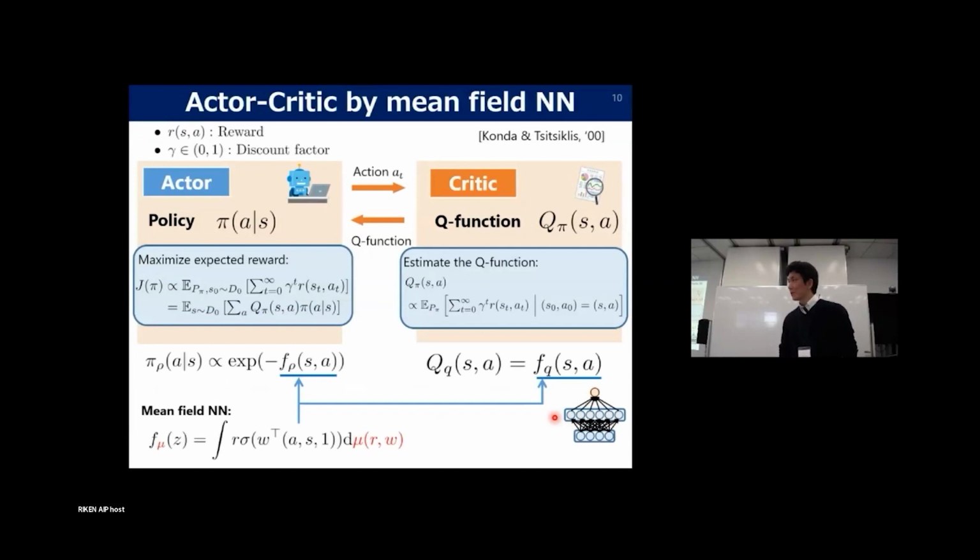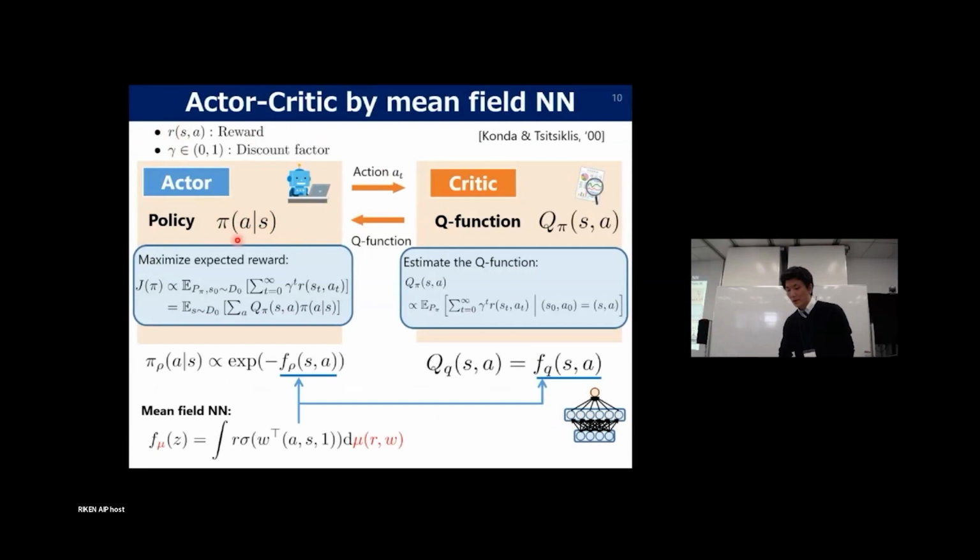Here we consider actor-critic settings. Here R is a reward and gamma is a discount factor. In an actor-critic method, there is an actor and a critic. The actor has a policy pi(a|s). This means that for each state s, the actor takes action a according to this policy, the distribution of the action a.